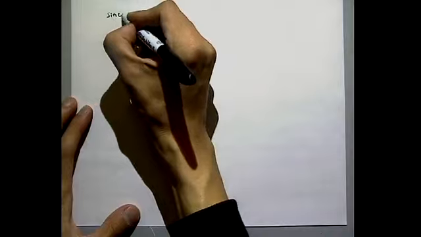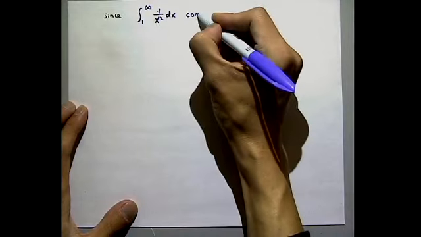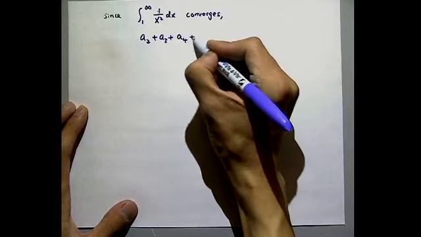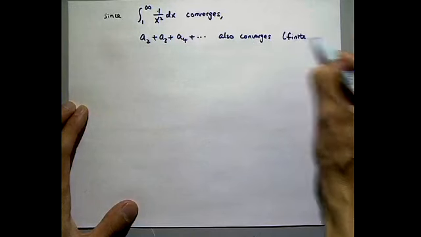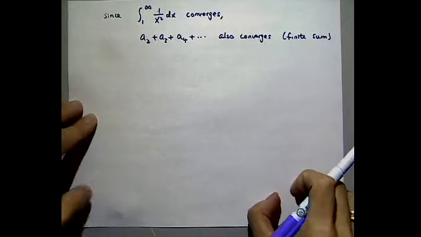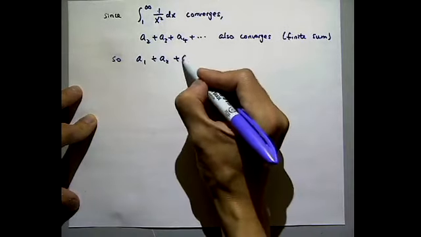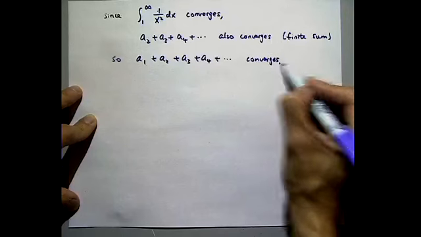So what did we find out? Therefore, by adding another finite number to an already convergent sum, right?